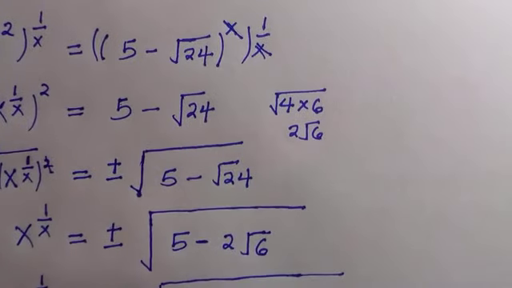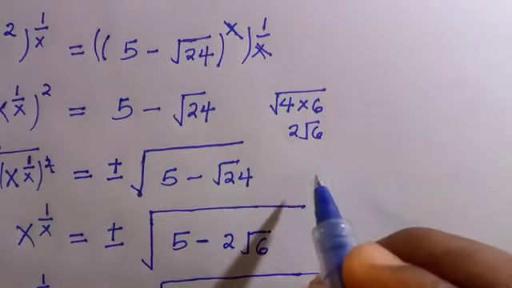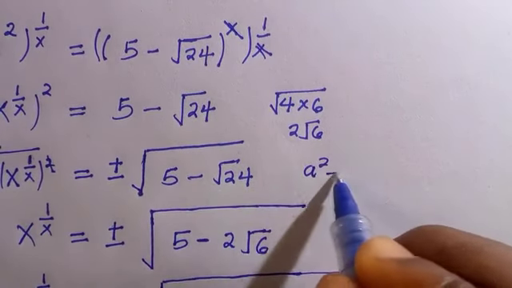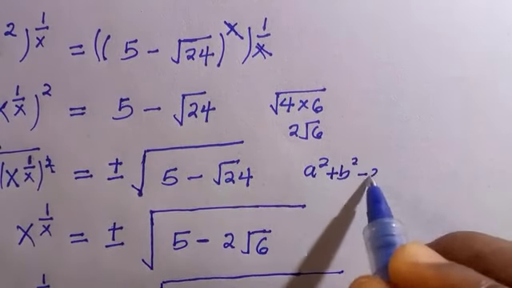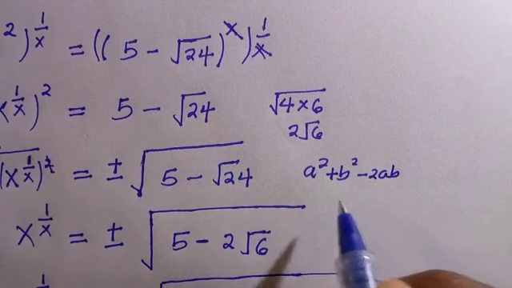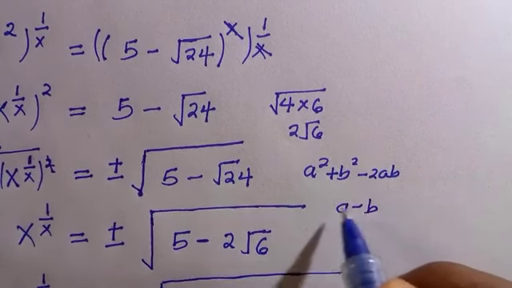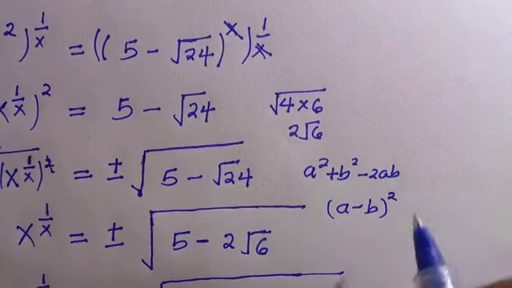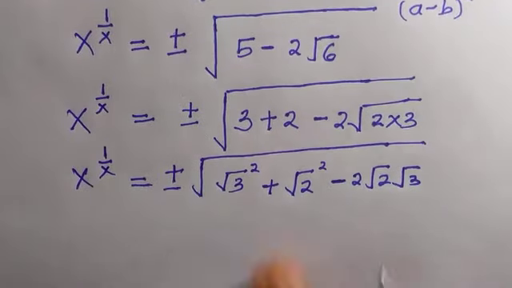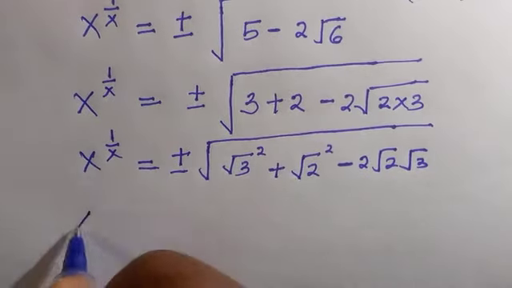And again, if you borrow this knowledge of a squared plus b squared minus 2ab, we know this is just like a minus b all raised to the power of 2. Suppose I have my a to be root 3 and b to be root 2. So just try to replace everything.